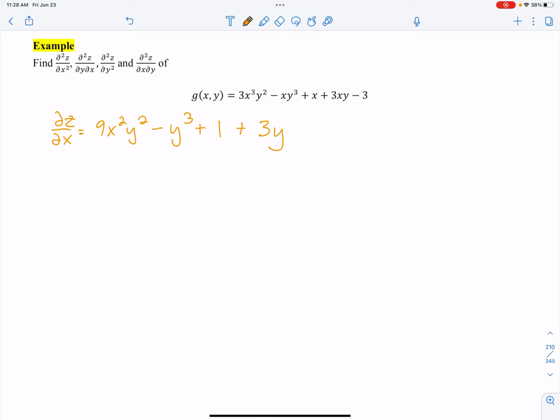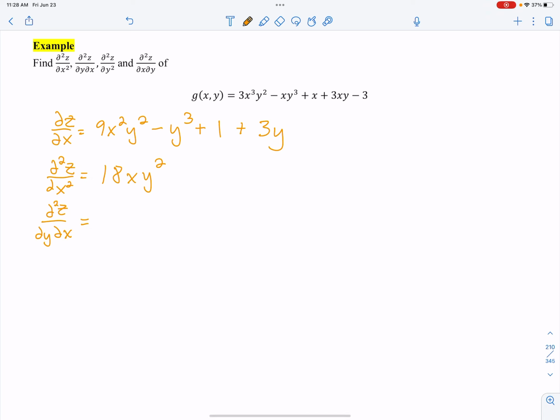We can do a couple things from here. Let's go ahead and do our second partial with respect to x. I get 18x y squared, and the remaining terms are constants with respect to x.